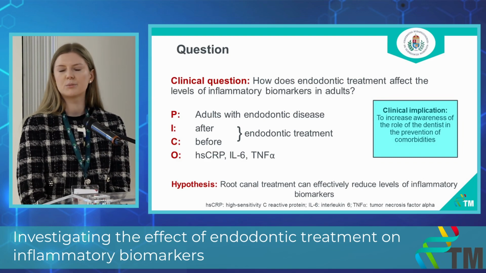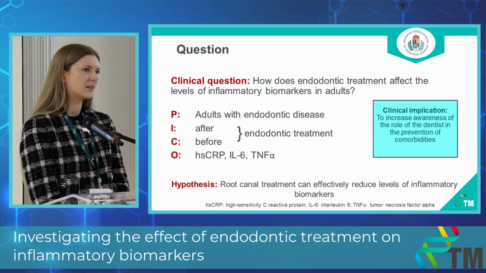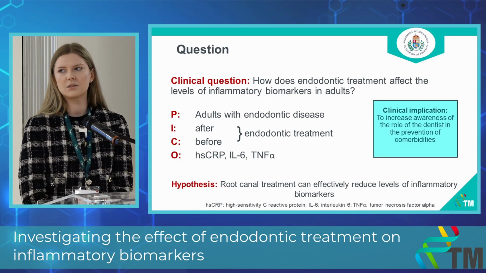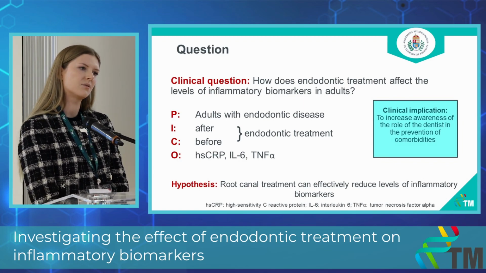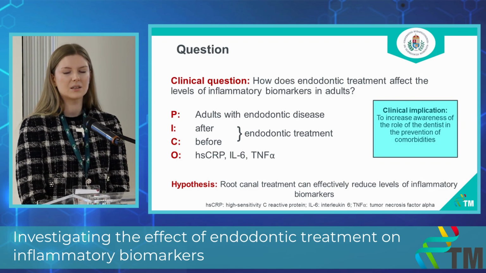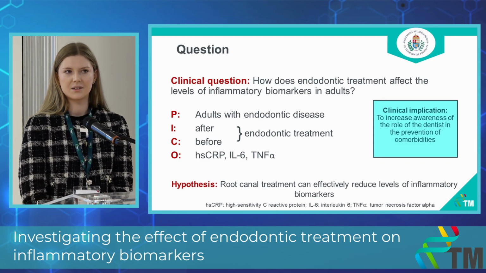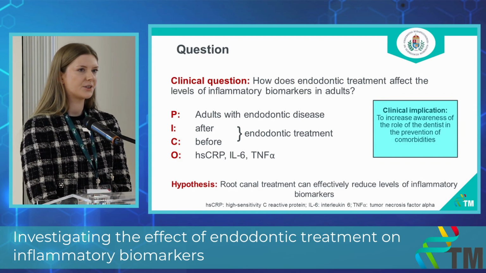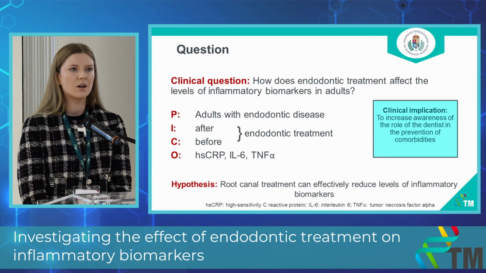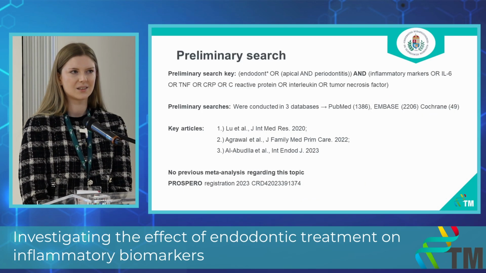We take a blood sample before and after endodontic treatment, and we check high-sensitivity C-reactive protein, interleukin-6, and tumor necrosis factor alpha. Our hypothesis is that root canal treatment can effectively reduce the levels of inflammatory biomarkers. Our clinical implication is to increase the awareness of the role of the dentist in the prevention of comorbidities.